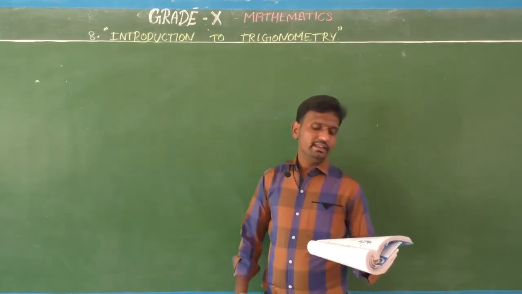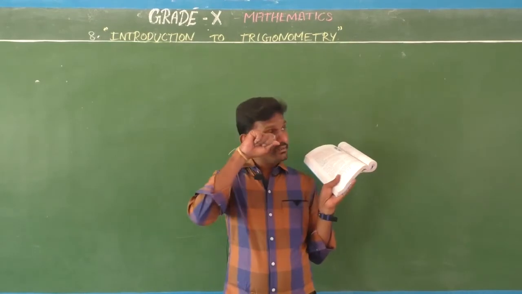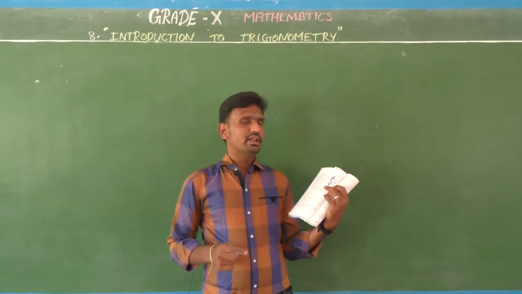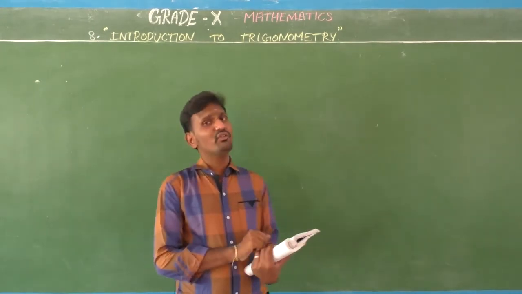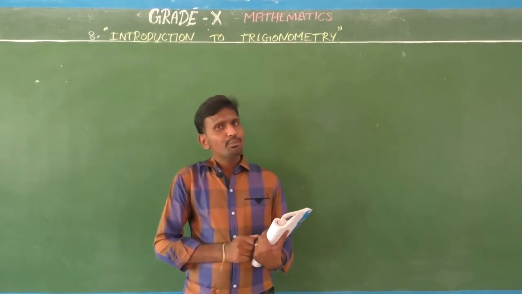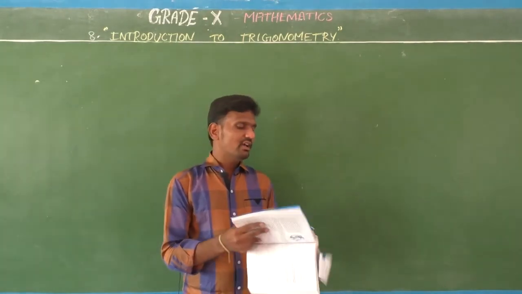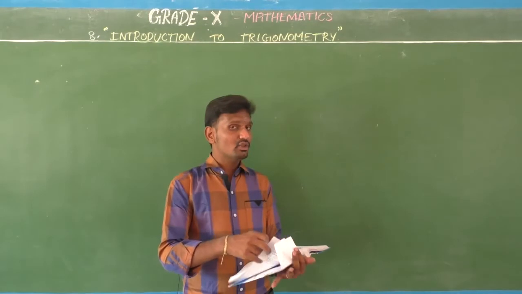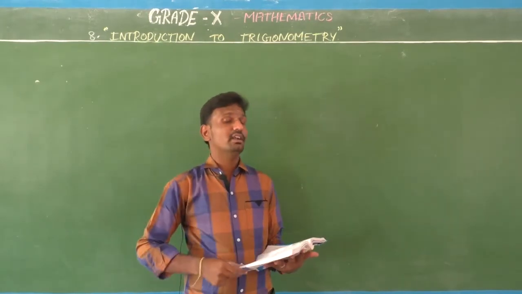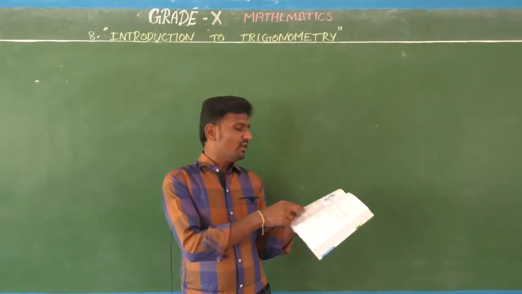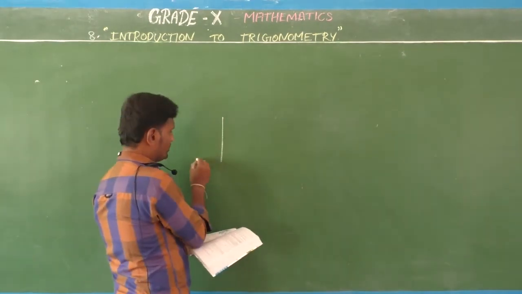Okay. And on page number 176, you have one diagram. Okay, look at this, students. Before that, we want to know one thing: what is proportional? You know this from your 9th syllabus, from the triangle chapters. So I just want to recall it for you.